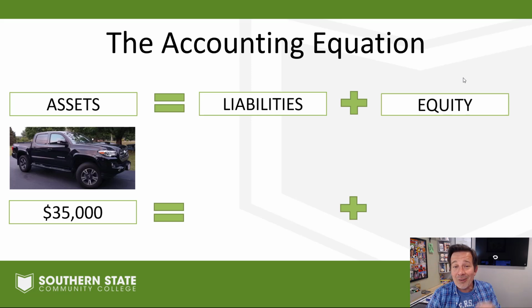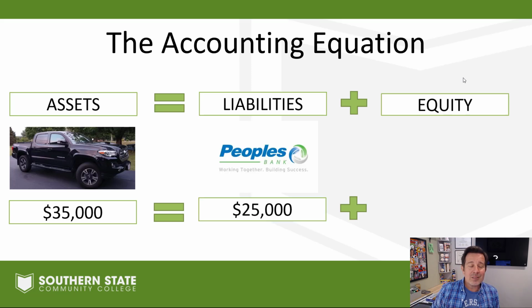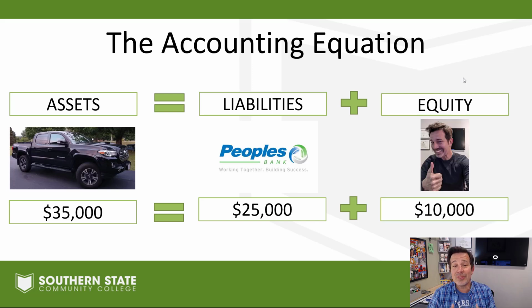Give me a truck. I don't have that kind of baller money. I had a little bit of money, and then I had to borrow the remainder. And so I had to take out a $25,000 loan from People's Bank, so I could buy my truck. And I put down $10,000 of my own money. All right, so again, my asset, $35,000 truck, is equal to the $25,000 loan I took out and the $10,000 that I put in.